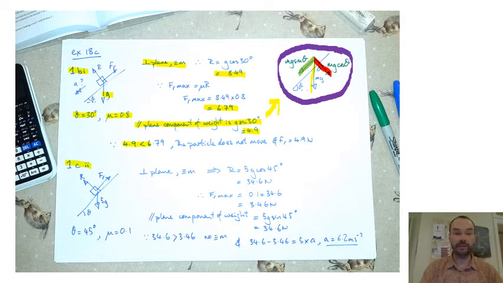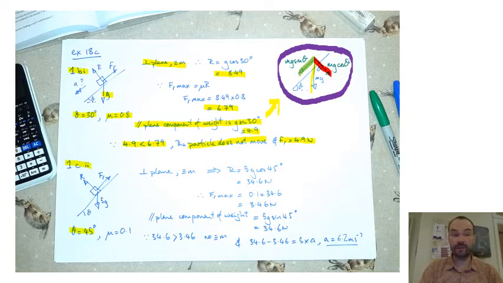The component of weight, which would be trying to take the object down the plane, is smaller than the maximum that friction can be. So the particle doesn't move, it's in equilibrium, and friction is only 4.9 to oppose the component of weight. So the maximum that friction could be is 6.79, but in this case it's 4.9 because the component of weight it's opposing is 4.9.